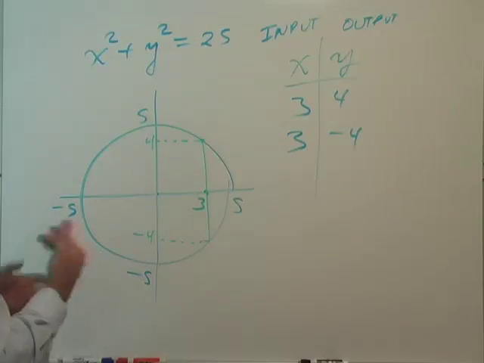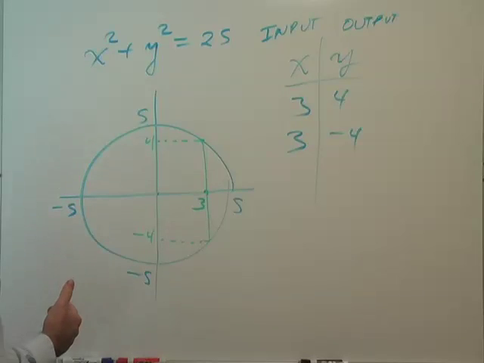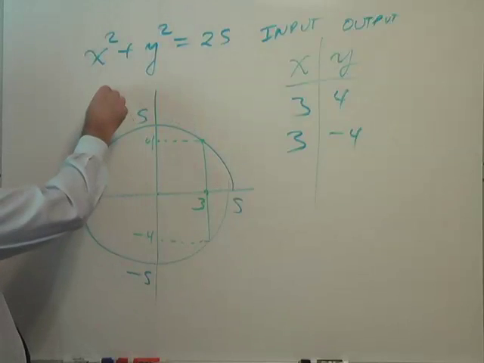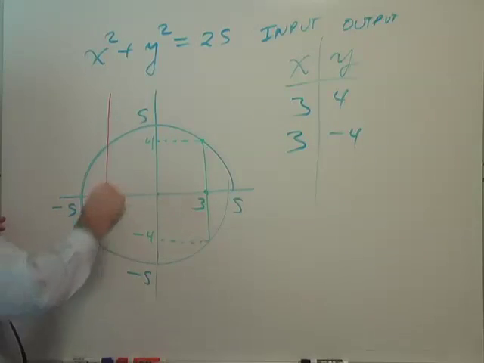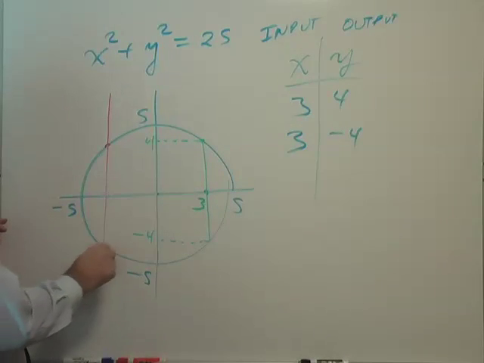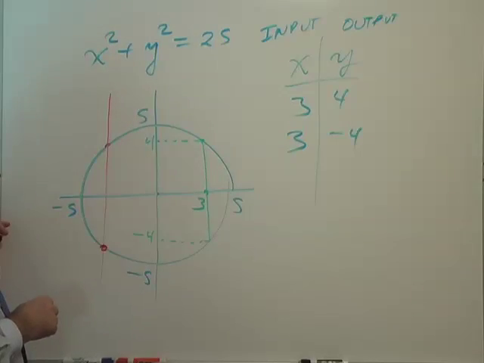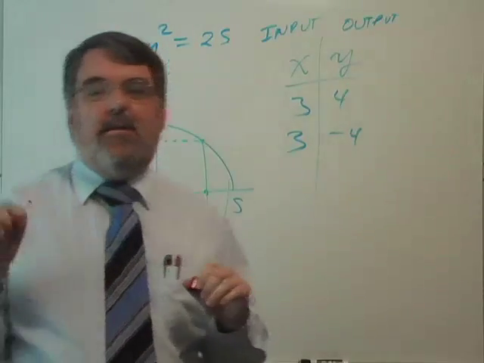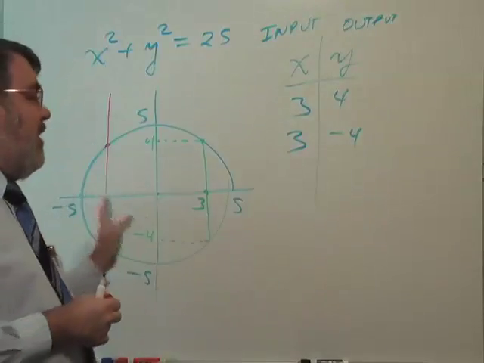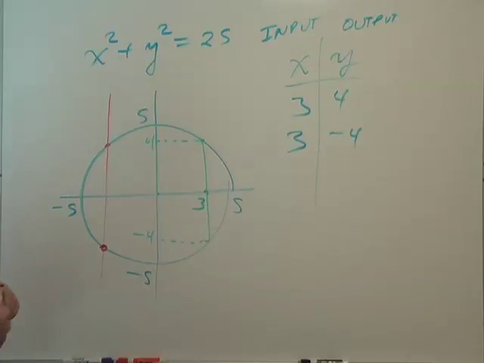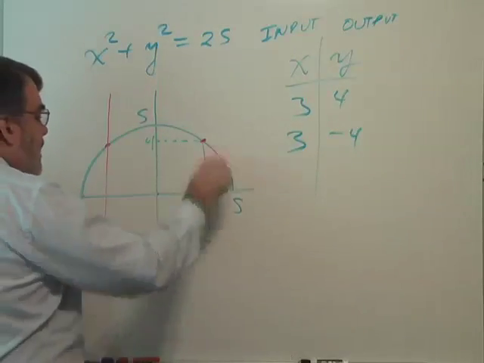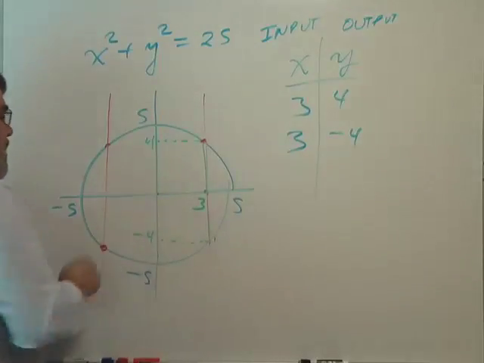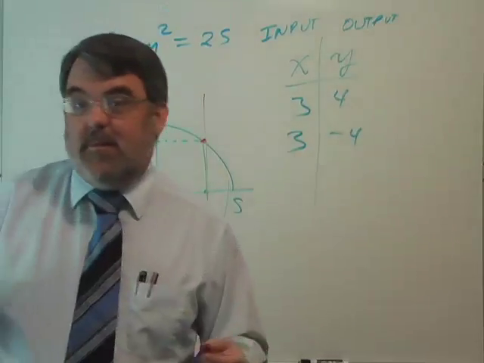Well, the idea here graphically is that a vertical line, if it hits a graph in 2 or more places, if any vertical line can hit a graph in 2 or more places, then that graph does not represent a function. And sure enough, that's what happened here. These vertical lines touch in at least 2 places.